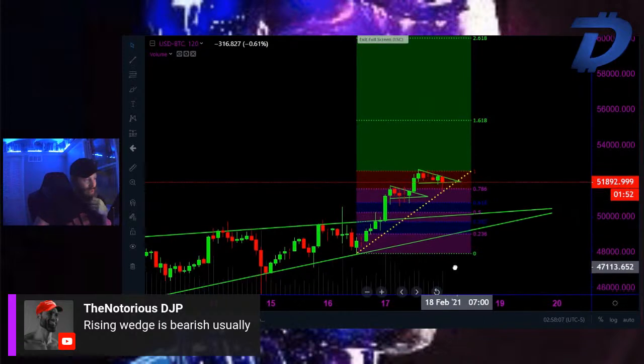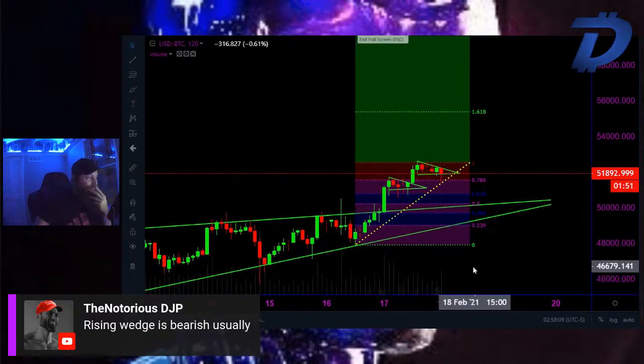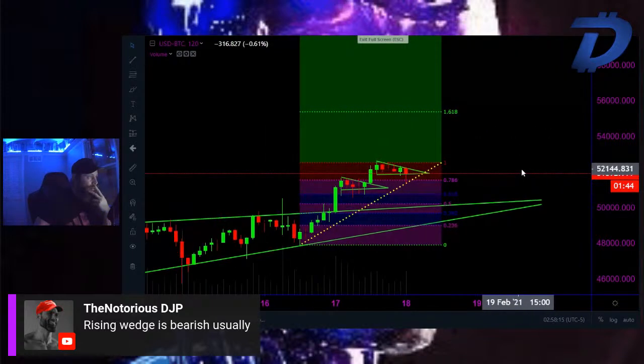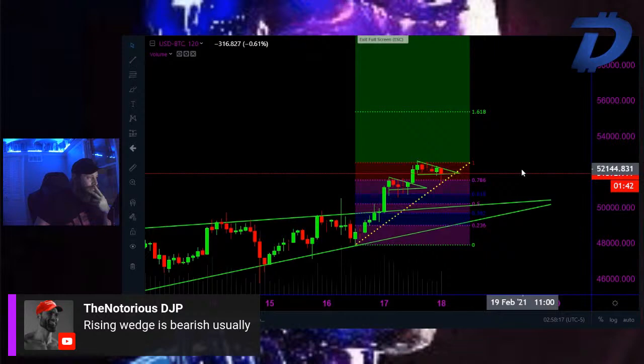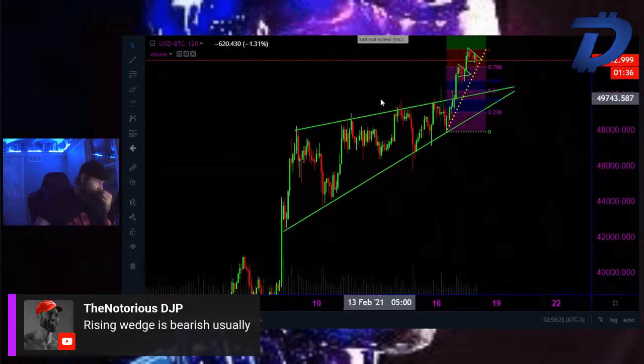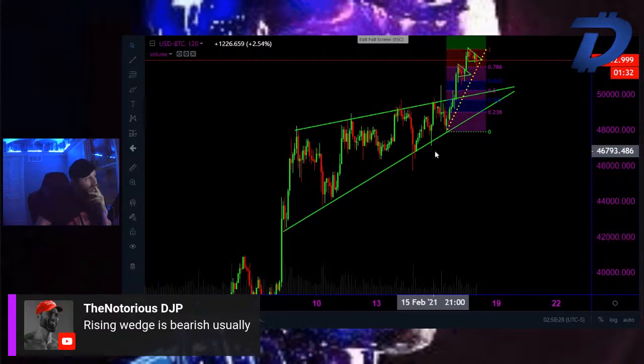Yeah, we're getting some rising volume here. It does look like it's just going to flag its way up. Yeah, that's what I'm saying. There's no bearishness here at all. Interesting.